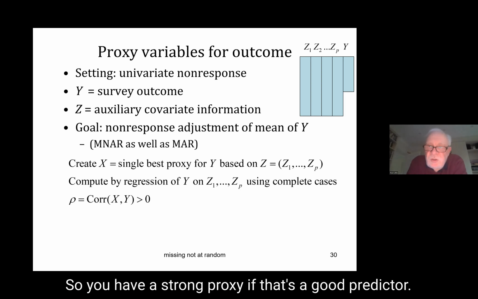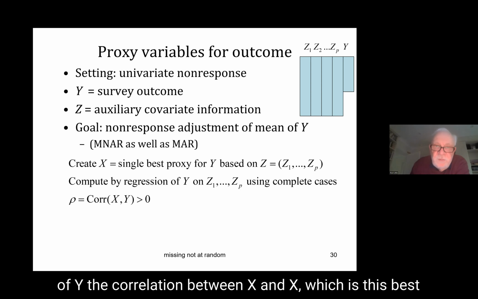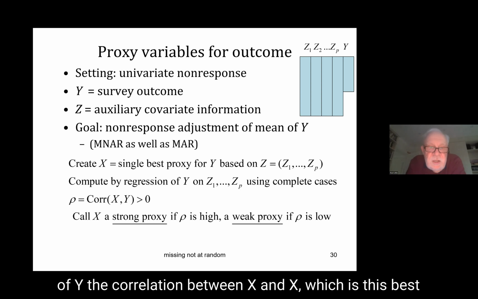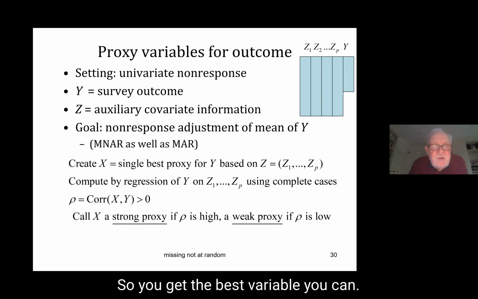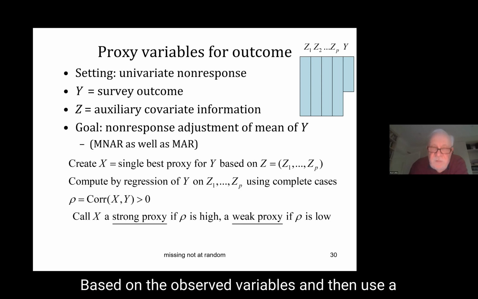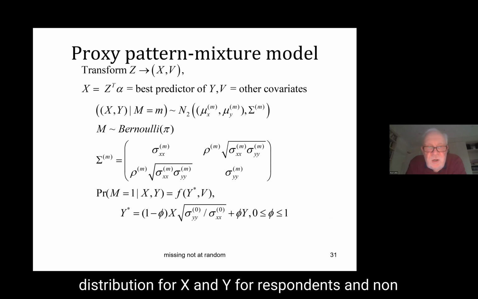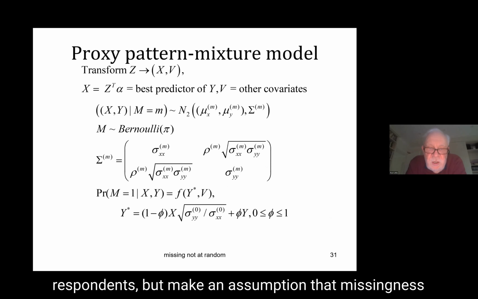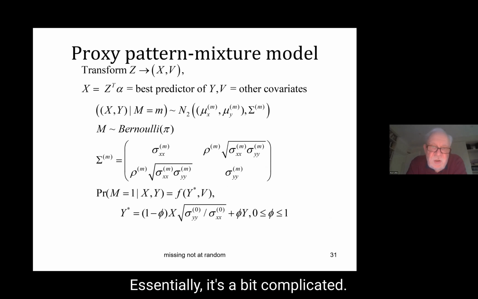So you have a strong proxy if that's a good predictor of Y, and you have a weak proxy if it's a poor predictor of Y. The correlation between X, which is this best predictor, and Y is a measure of how strong a proxy it is. So you get the best variable you can based on the observed variables, and then use a pattern mixture model, which assumes a different distribution for X and Y for respondents and non-respondents, but makes an assumption that missingness depends on a linear combination of X and Y. Essentially, it's a bit complicated.